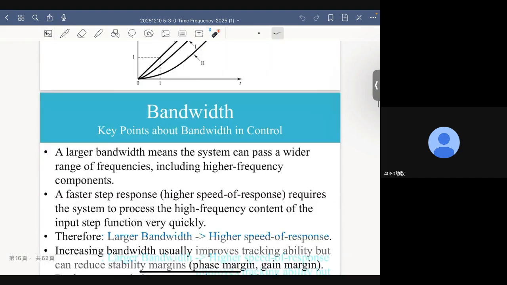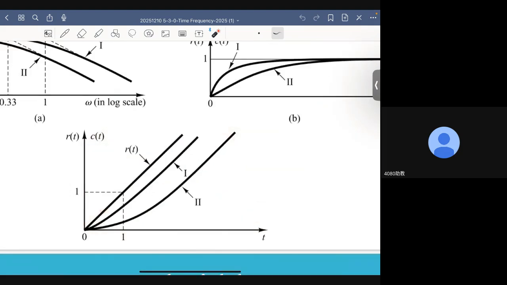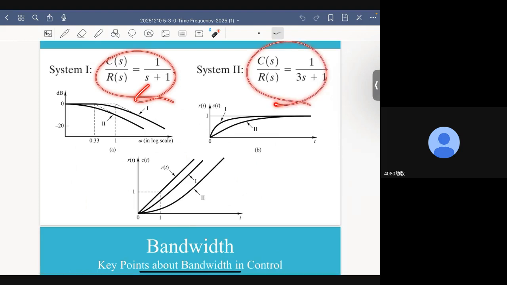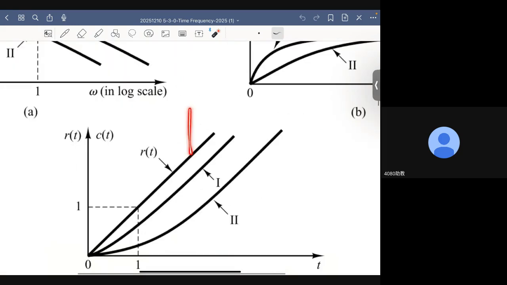Okay, now these are examples. Let's say this is the input, and these are the responses for these two systems. Is the time constant small enough? It depends on whether this steady state error is small enough.